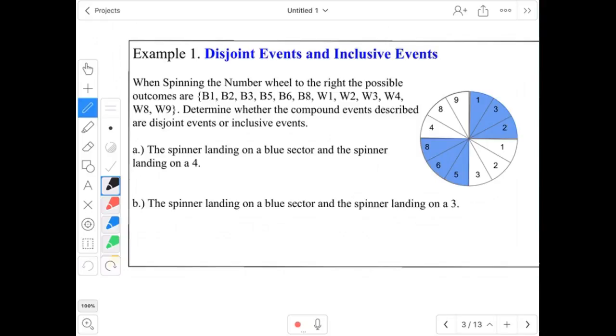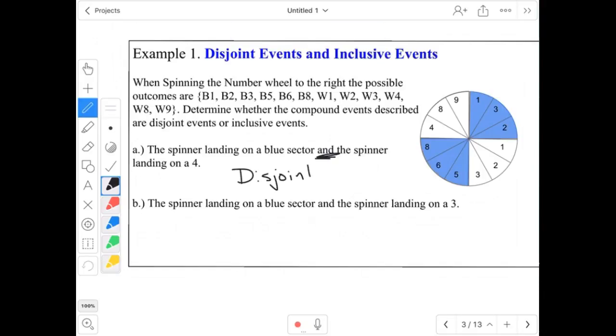So the spinner landing on a blue sector, and the spinner landing on a 4. So it has to land on both a blue and a 4. But if you look at the blue, there aren't any 4s there, so this one would be a disjoint event.